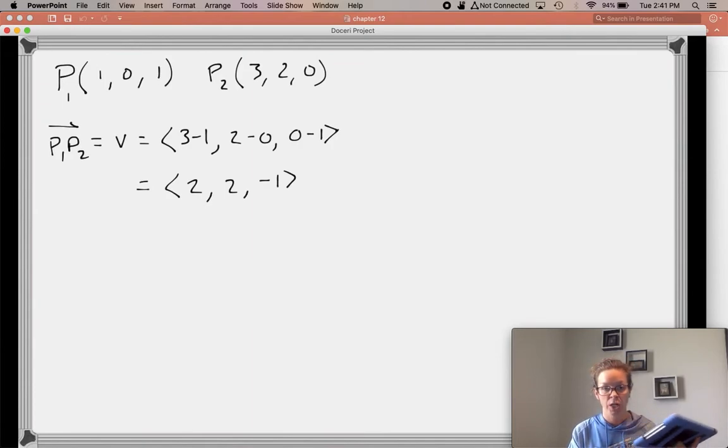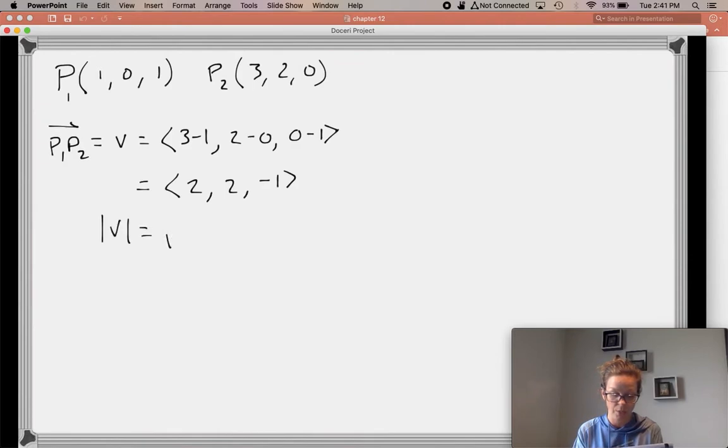Now, this vector does not have a length of 1, so it is not what we would call a unit vector. A unit vector has a length of 1. So if I want to find a vector with a length of 1 that goes in the same direction as this, to turn it into a unit vector, what we need to do is find the magnitude of this vector. So 2 squared, 2 squared, negative 1 squared, all under a square root.